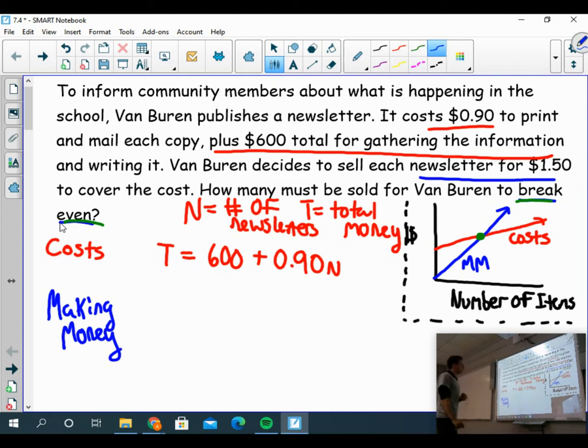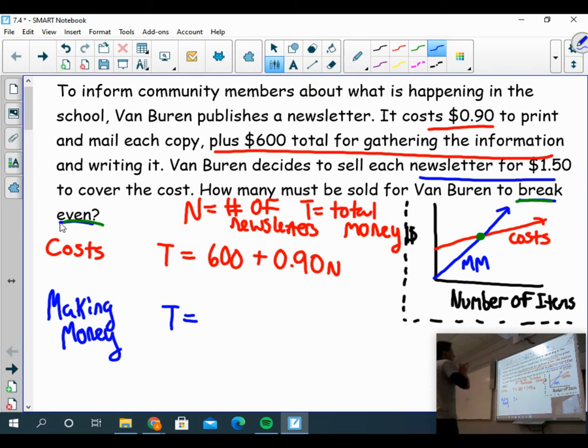Let's now look at the making money equation. And again, I have no idea how much money Van Buren makes off this newsletter. There is no indication of it. So again, I'm not going to change the variable. I'm still going to use the variable T because I'm still talking about total money, even though we're working in a different equation. And how is Van Buren making money?